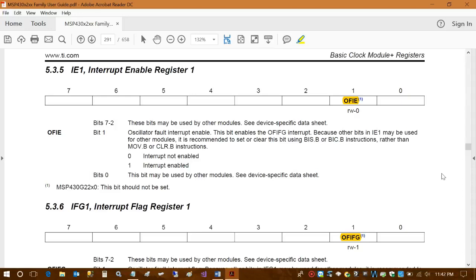So OFIFG equals to 1 is the default condition. You don't have to bother about it. So you just need to clear the flag if you're not bothered. If you're bothered, then you need to enable the interrupt, go to the NMI, log, or do whatever you want to do in the interrupt subroutine ISR, and then before coming back, clear the flag of OFIFG, and go back to your main routine.